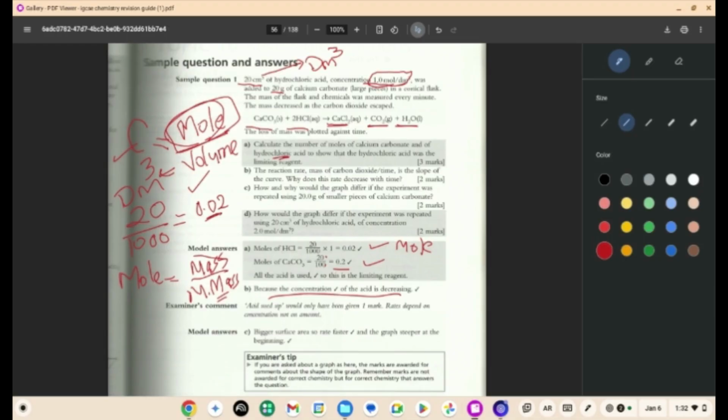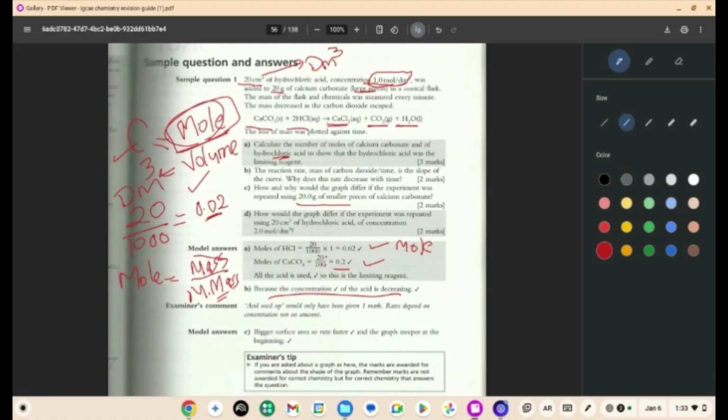For question C, how and why would the graph differ if the experiment was repeated using 20 gram of smaller pieces? Here we use 20 gram of larger pieces, but now we will use 20 gram of smaller pieces. What's the difference? As we study in chemical reaction rates, smaller pieces mean more surface area.